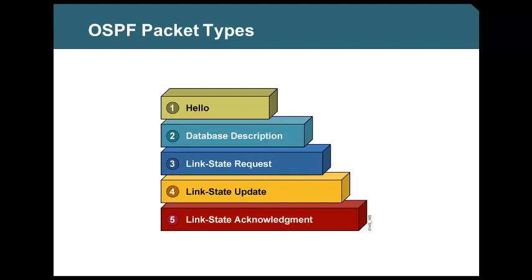If the message type is a link state request, then it is type number 3. So hello type, database description, LSR, LSU, and LSAC. LSAC is different from LSA. LSA simply means a link state advertisement. This is link state acknowledgement, LSAC.